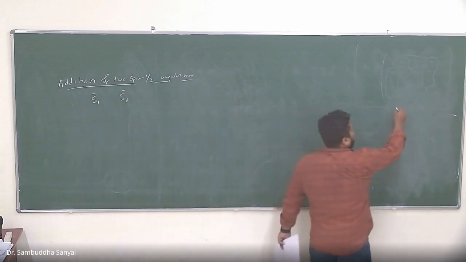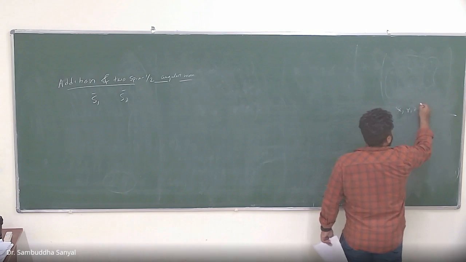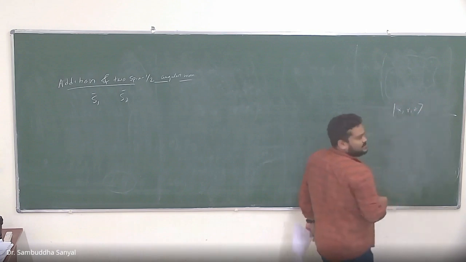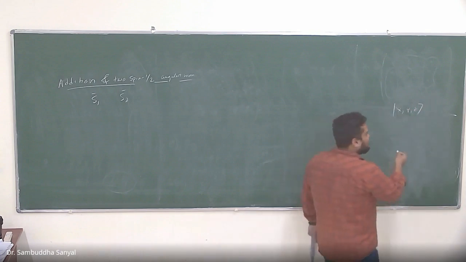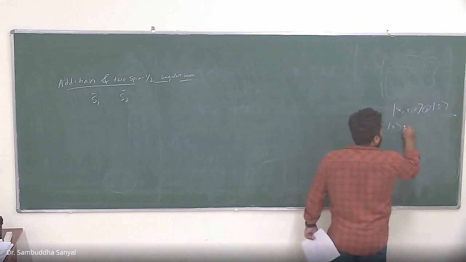For example, the position x, y, z. This is the position state, and this particle also has a spin. So you write it like this, and actually you write it like this.